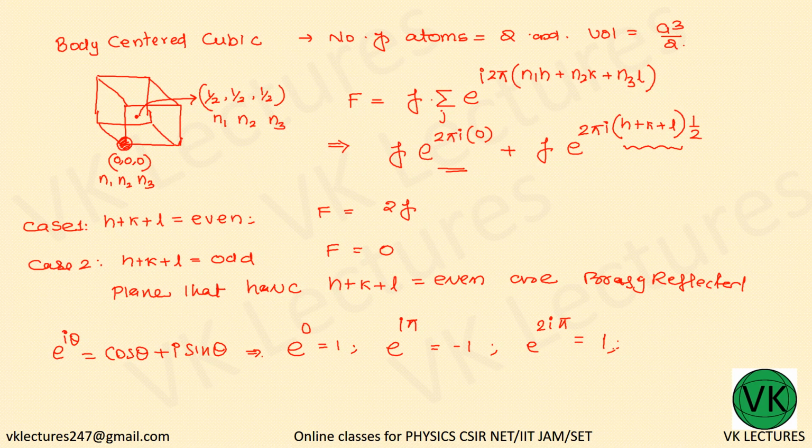So that's why we have F is equal to 2 times f here, and in case of hkl being odd, we have e to the power i pi, which will be minus 1.